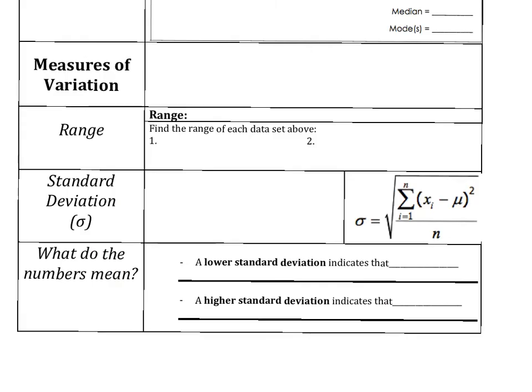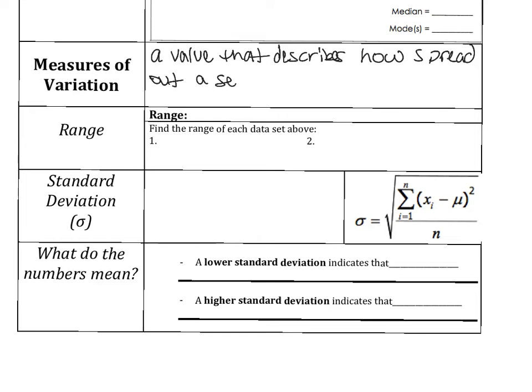A measure of variation is a value that describes how spread out a set of data is. It can also be referred to as a measure of dispersion.